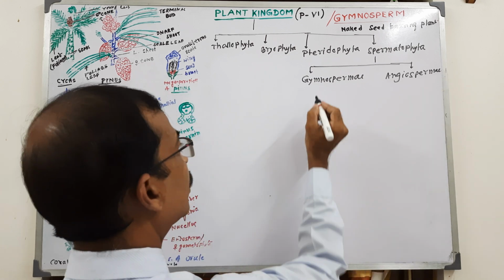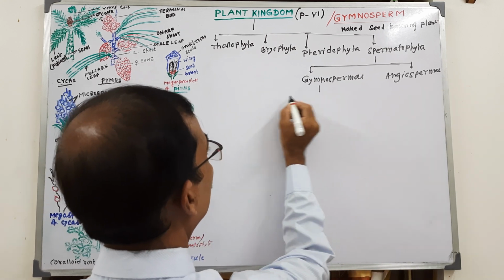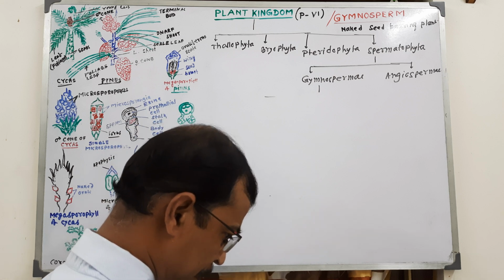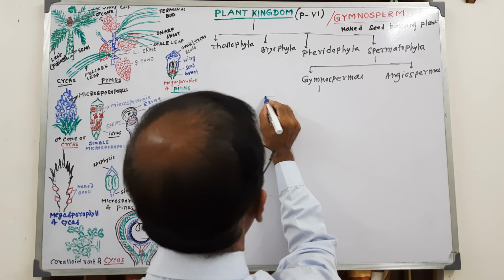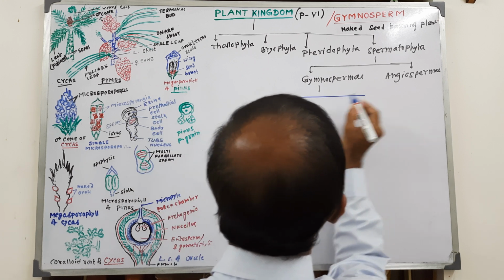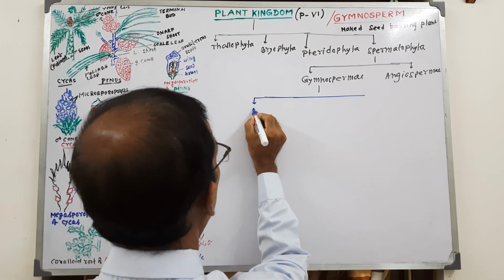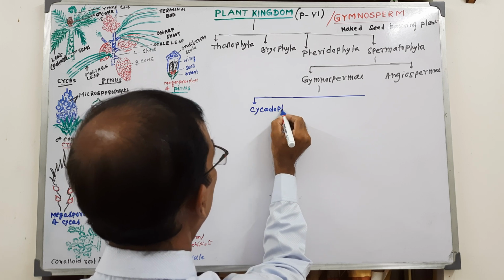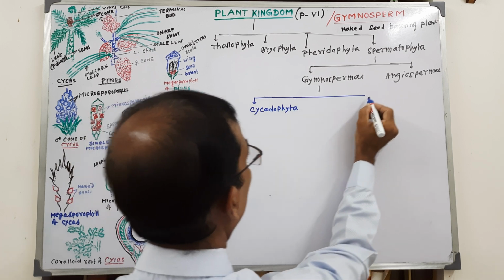This Gymnospermy is divided into 2 subdivisions, that is Cycadophyta and Coniferophyta.